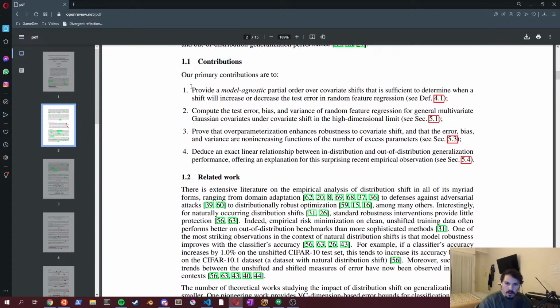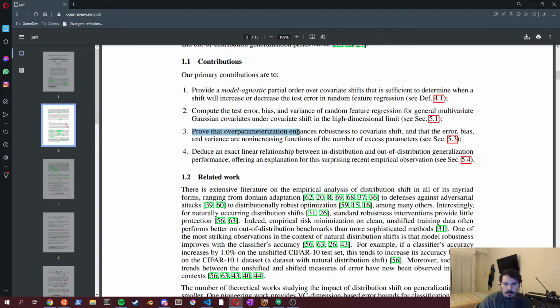Our primary contributions are: one, provide a model-agnostic partial order over covariate shifts that is sufficient to determine when a shift will increase or decrease the test error in random feature regression. Two, compute the test error, bias, and variance of random feature regression for general multivariate Gaussian covariates under covariate shift in the high dimensional limit.